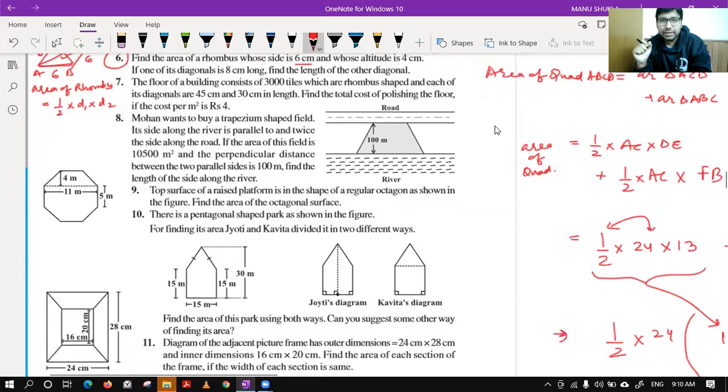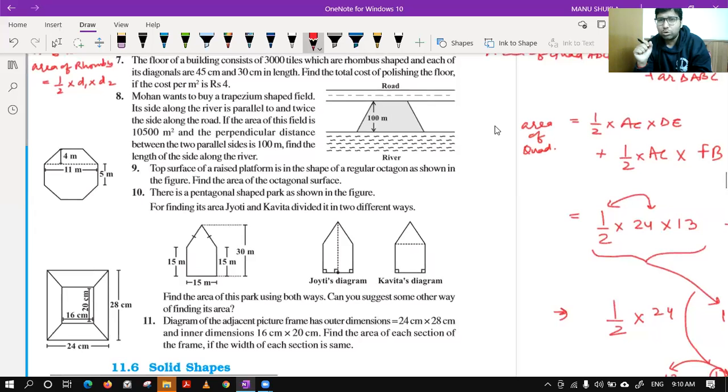Question number 7. Let's take. It is a very simple question that we have seen before also. The floor of a building consists of 3000 tiles. In the previous example of 11.1, we had to find the number of tiles, but in this question they have directly given us the number of tiles: 3000 tiles.